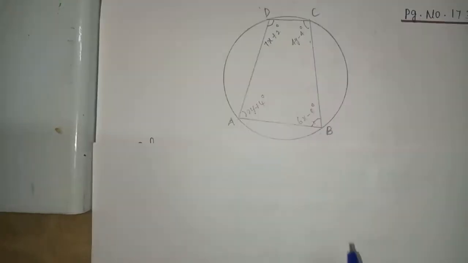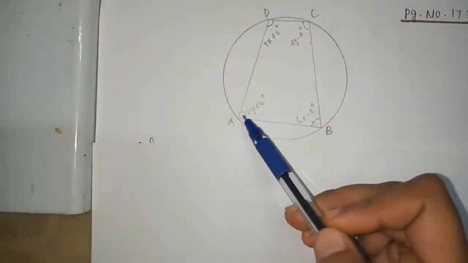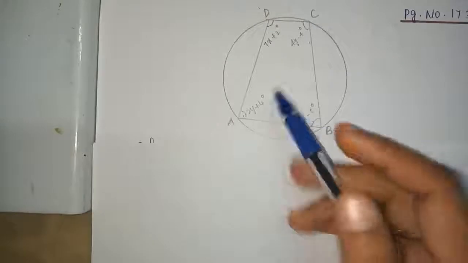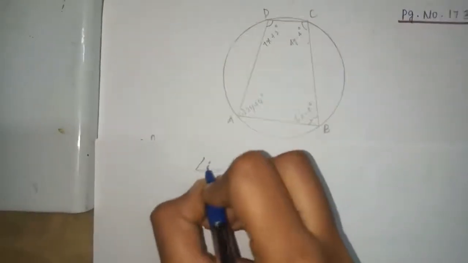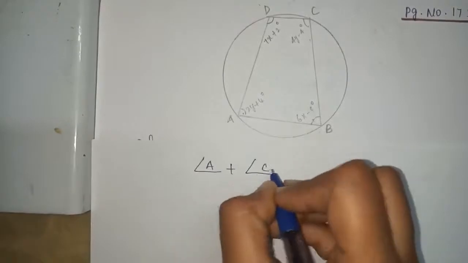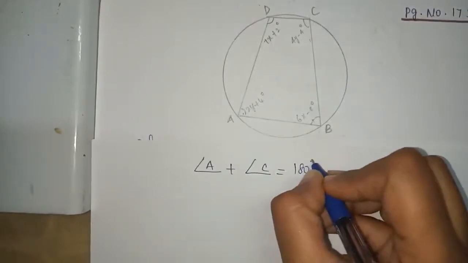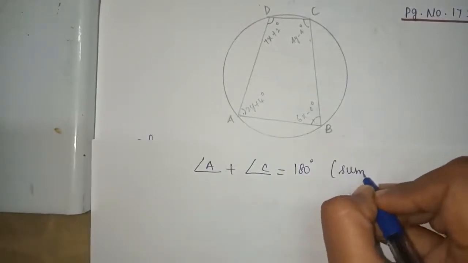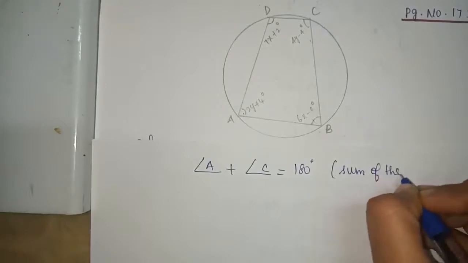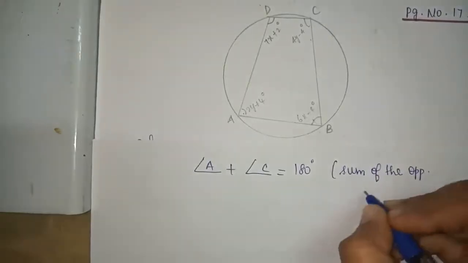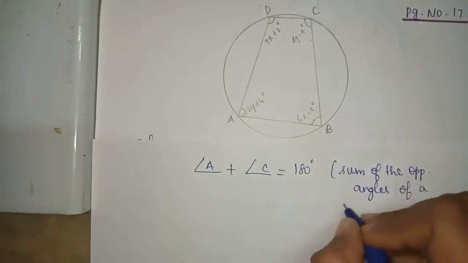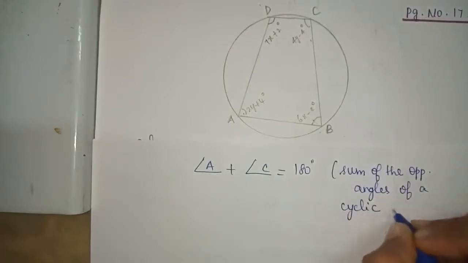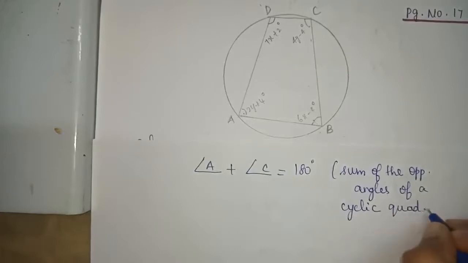Similarly, using the same concept, adding angle A plus angle C, you get 180 degrees. Angle A plus angle C is equal to 180 degrees because the sum of the opposite angles of a cyclic quadrilateral is 180 degrees.